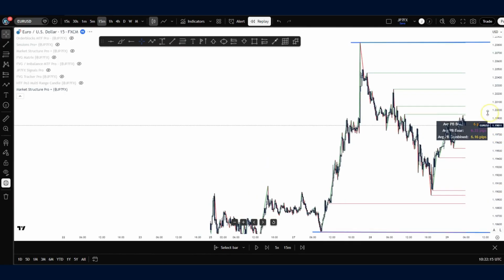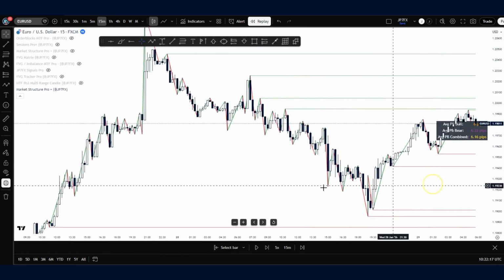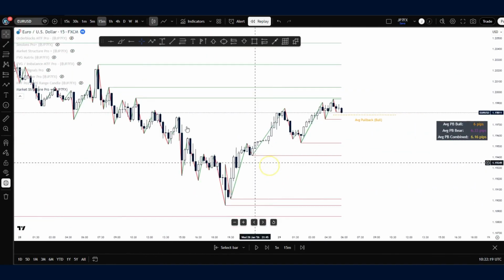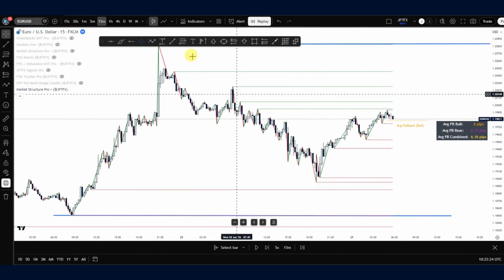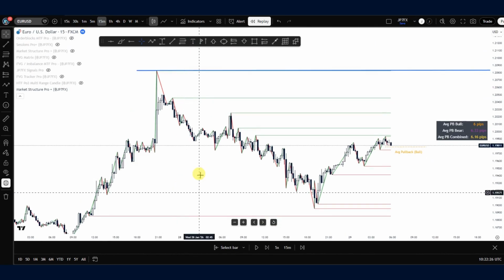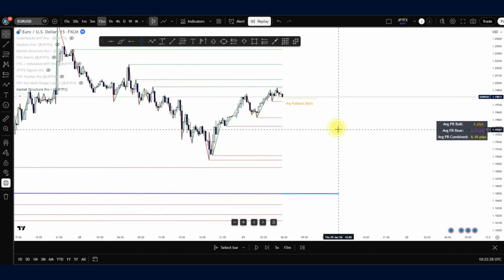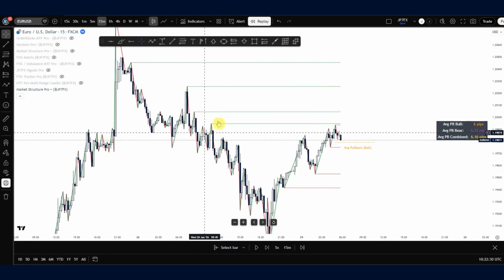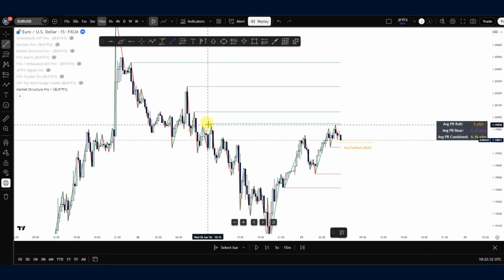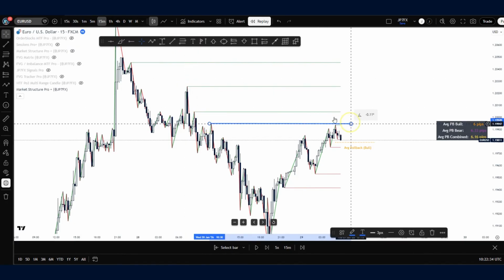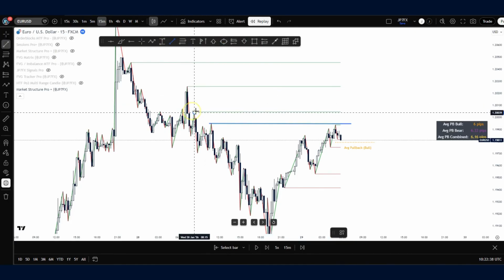Now, what I will do in the 15-minute is, for example, on these levels, you can see them marked out already. These are the levels not touched. So I've got my external range liquidity, which is up here and down at the bottom. One of these levels is going to get taken, and I want to see what's going on. So I will mark out another level in there, and I just purely mark these levels out.